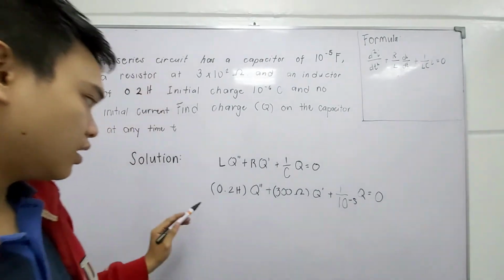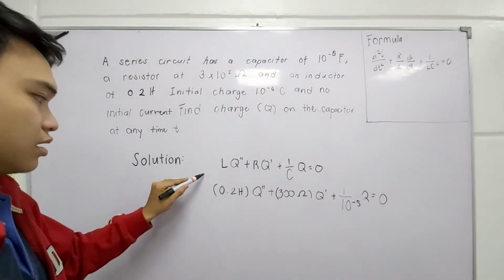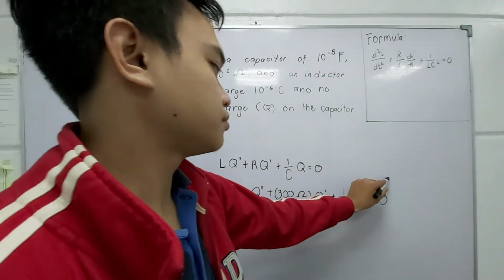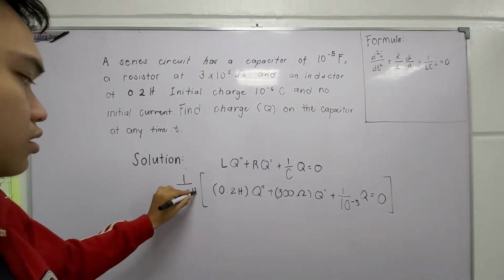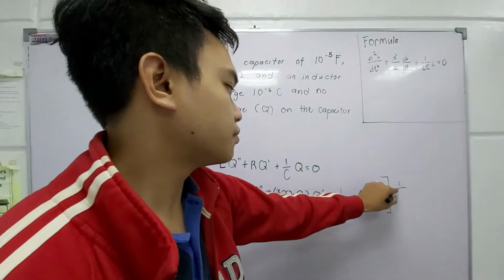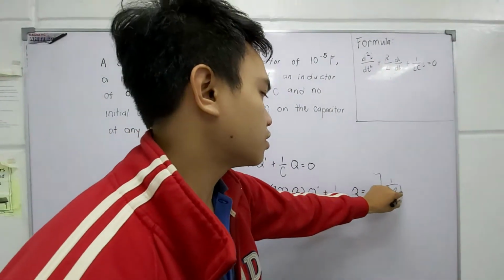Okay, let's divide both sides by 0.2 Henry.